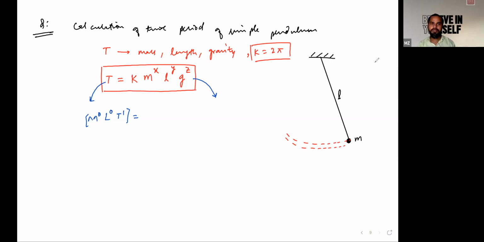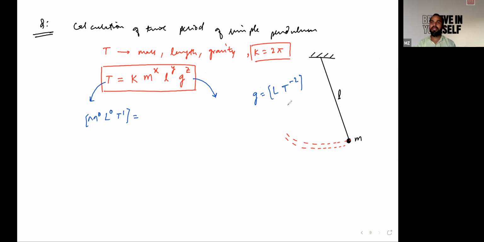First of all, send your answer for the values of x, y, and z, what you got. g is gravity, which is LT^-2. This is just small g, which is nothing but acceleration.